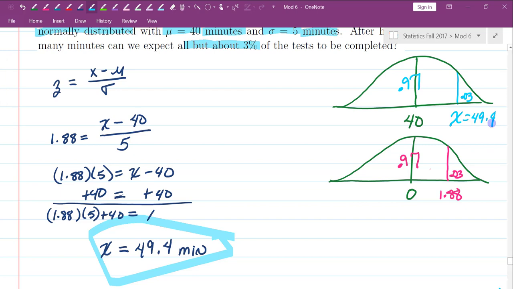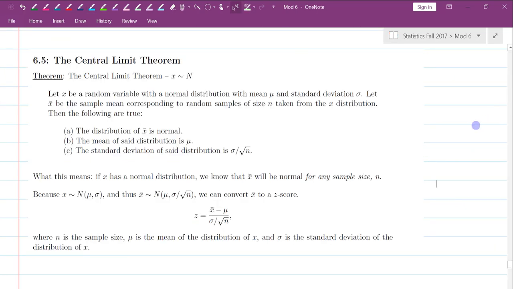Now we're going to start talking about the central limit theorem. The central limit theorem is very foundational for statistics. It's a very, very important theorem that gives us a lot of power and ability to do inferences that otherwise we would not have the opportunity to do.